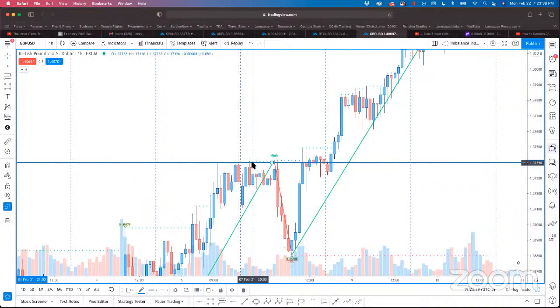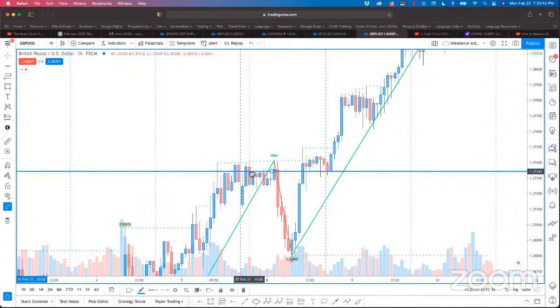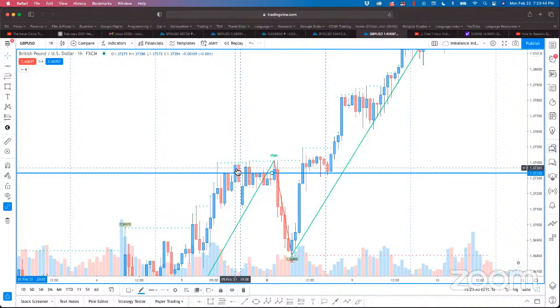Because let's say you get in off of this, right? You would have gone into drawdown immediately, pretty much. You would have come back in profit right here, but you would have held this thinking, oh, it's going to go because it broke and closed above this, right?